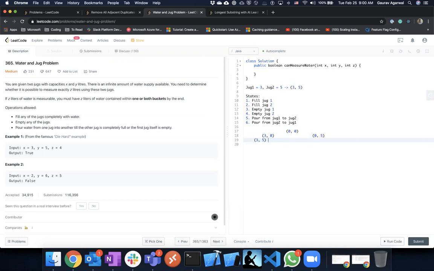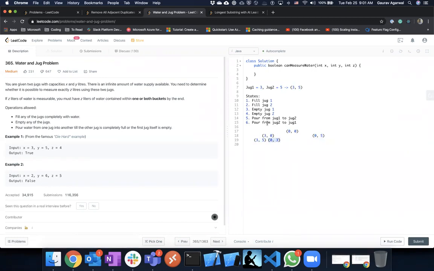Now we can pour from jug 1 to jug 2. How much water can jug 2 contain? 3. So we will have 0 3. This state is not present in the system, so we will consider that state.